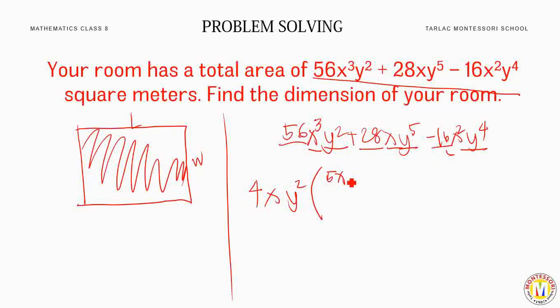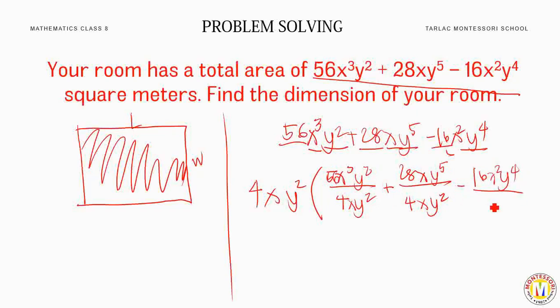So we have here 56x raised to 3y squared divided by 4xy squared, plus 28xy raised to 5 divided by 4xy squared. Then the last one, 16x squared y raised to 4 divided by 4xy squared.